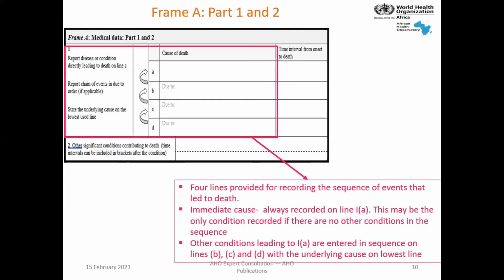You need to do more to find out what caused the hemorrhage. The cause of that hemorrhage then becomes the underlying cause of death. So don't just assume that whenever somebody fills one condition on line A, it is both the immediate and underlying cause. There are situations where a condition on line A is not necessarily the underlying cause of death.